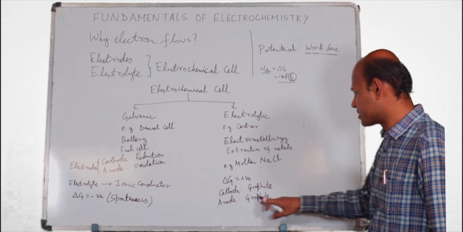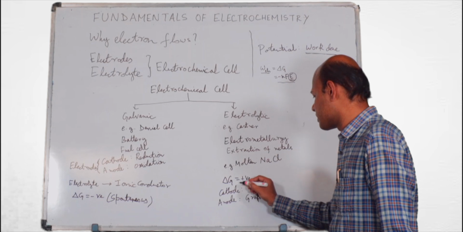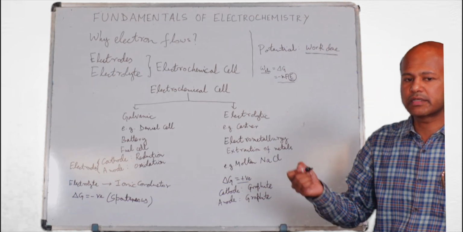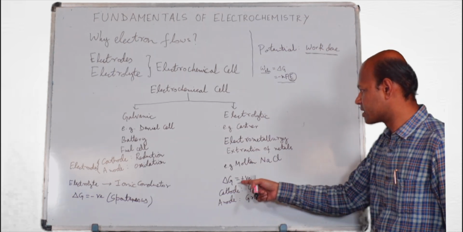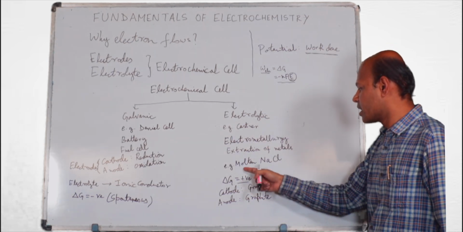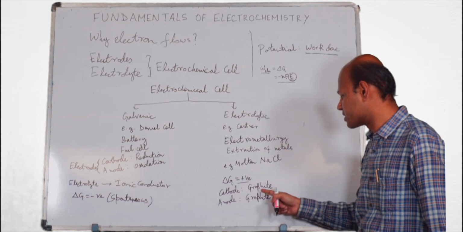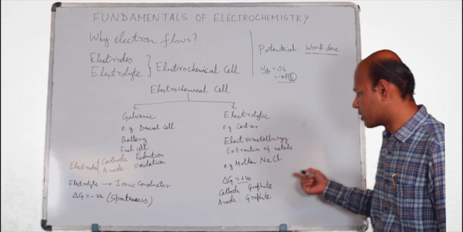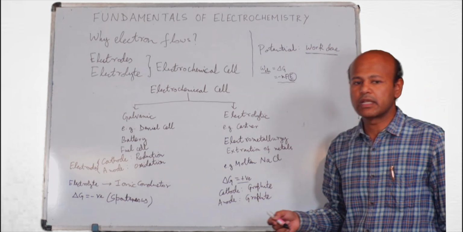High temperature resistant graphite electrodes are used, and the delta G for the process is positive. Hence, we pass electricity from an external supply. Through the external circuit, we pass electricity in this electrolytic cell, and the electrolyte gets decomposed. So sodium is deposited at the cathode, and chlorine is evolved at the anode. So this is how our electrolytic cell operates.